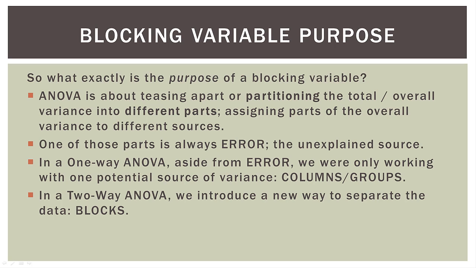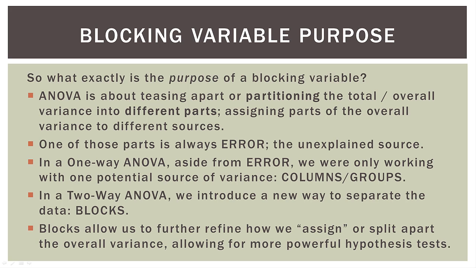Now in a two-way ANOVA, we introduce a new way to separate out that data, and that is blocking, or the blocks. So the blocks allow us to further refine how we assign or split apart the overall variance, allowing for more powerful hypothesis tests.